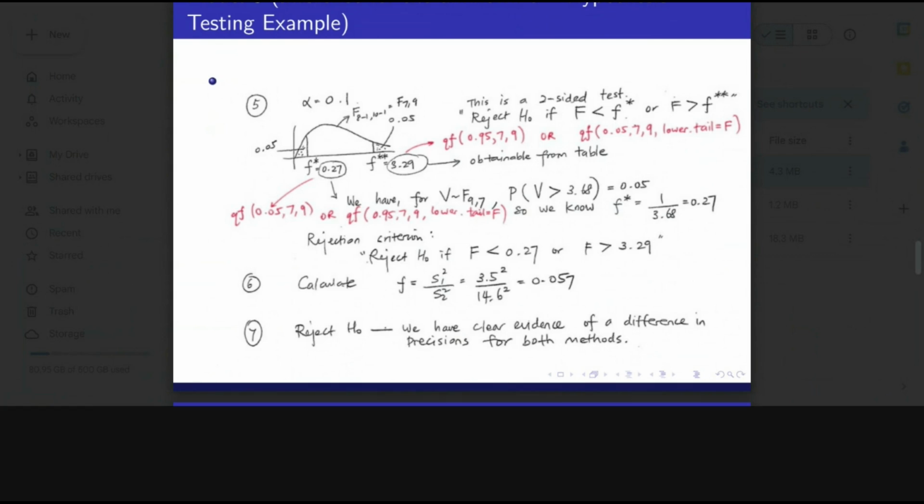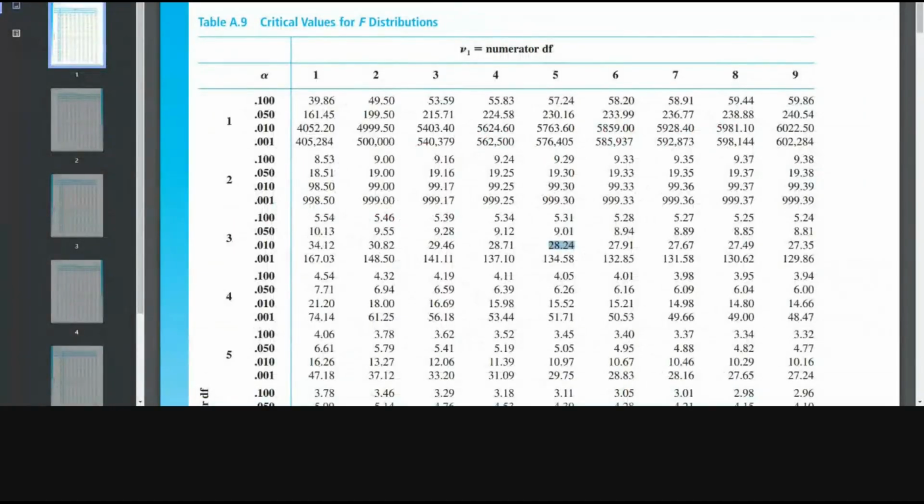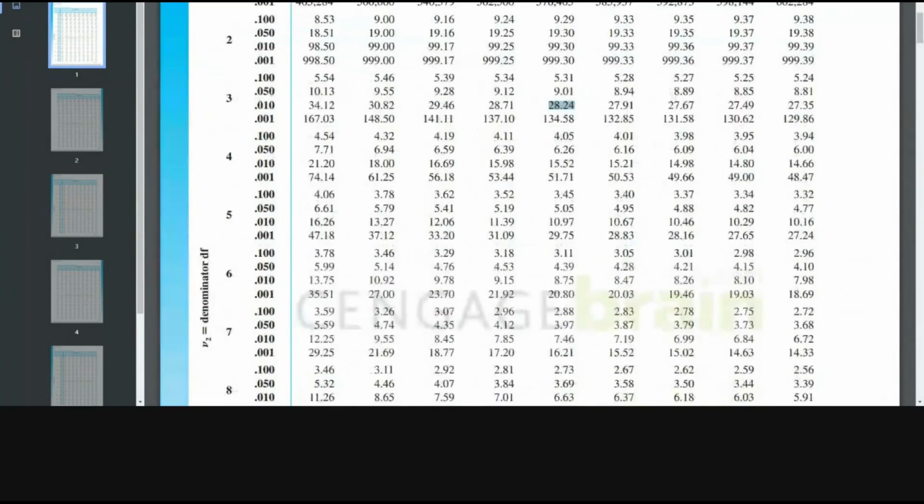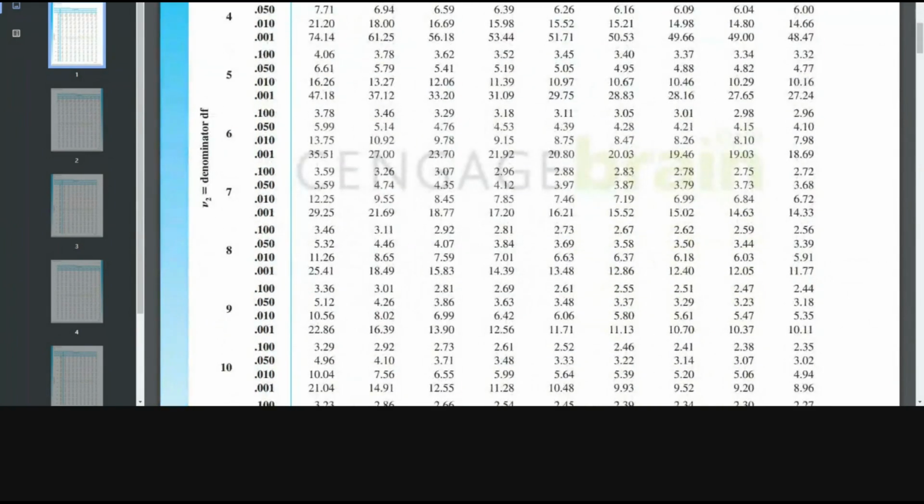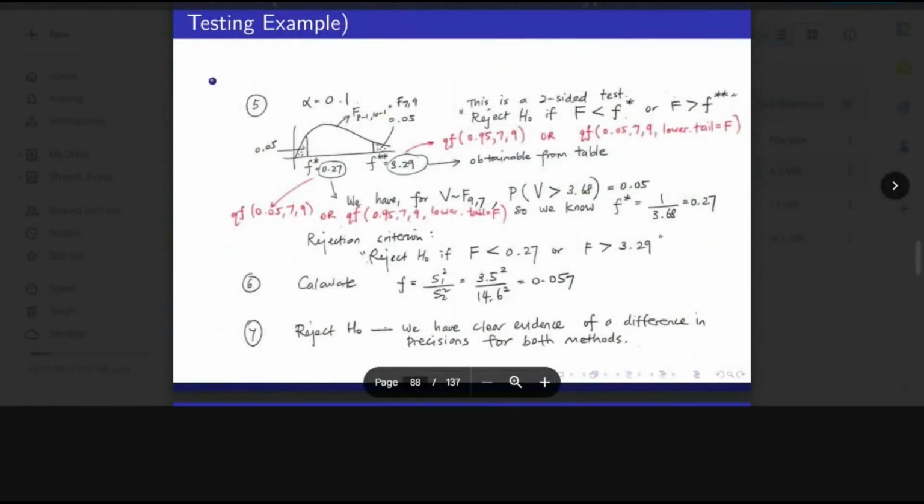F79. Right. So do you see at 5%, there's a 3.29 here. Okay, 3.29. So that explains why we know this number is 3.29. Unfortunately, we don't have when this area is 5% on the left.